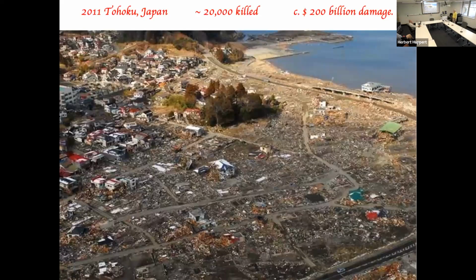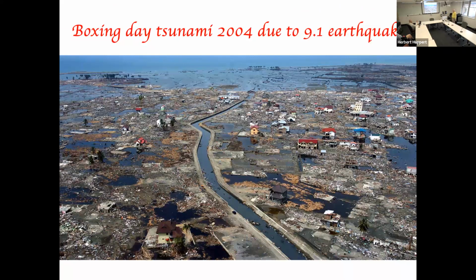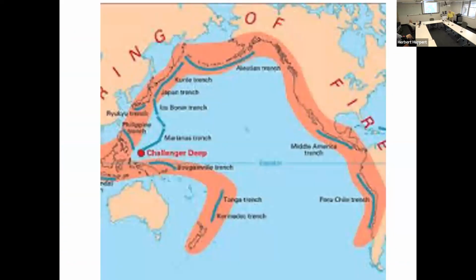Just to give you an example of what destruction there can be, this is a tsunami in 2011 that affected Japan, something like $200 billion worth of damage, and 20,000 people were killed. And you can see enormous amount of destruction in the housing. This is an effect of the Boxing Day tsunami due to the magnitude 9.1 earthquake.